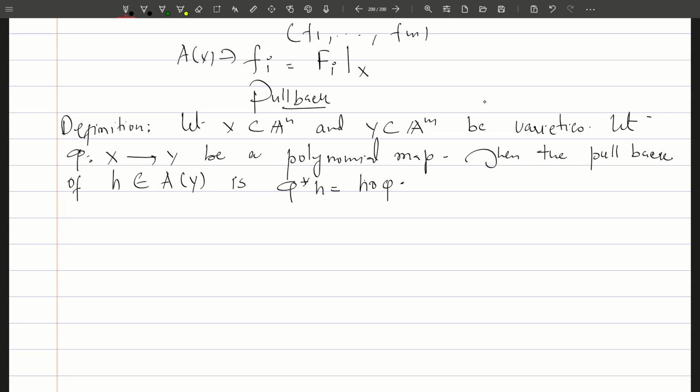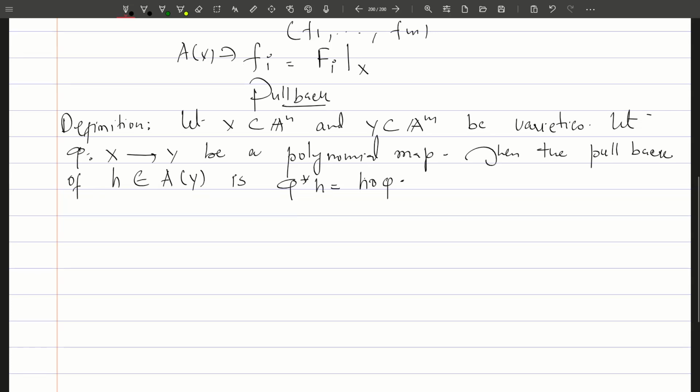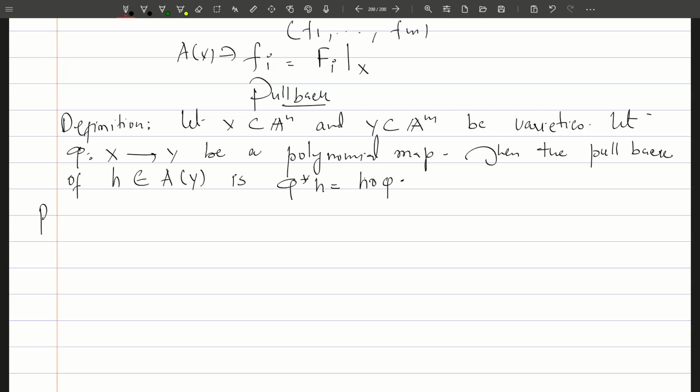Now we claim that this pullback is actually a polynomial function. So let us prove this. We have a proposition.